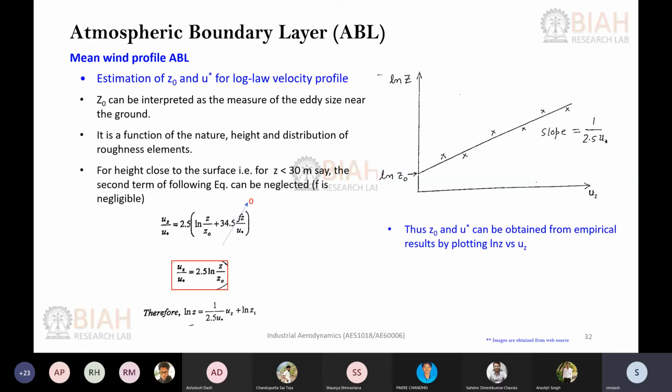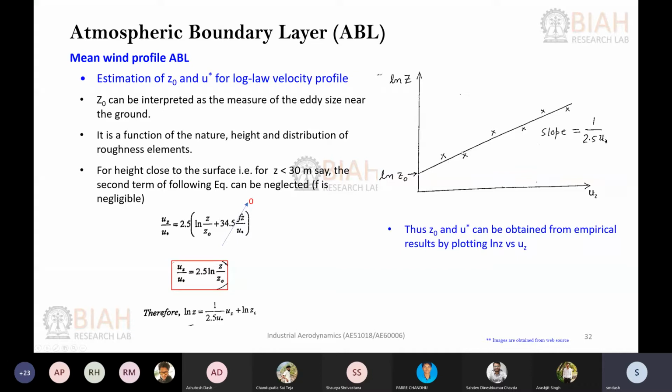Then we also have seen how we estimate the values which are used in the log law profile. For example, you can see that there are two terms: z naught and u star. z naught is your surface roughness element and u star is your frictional velocity.